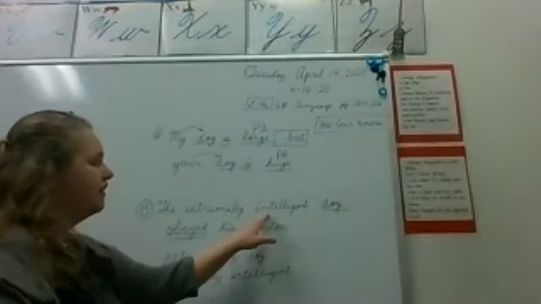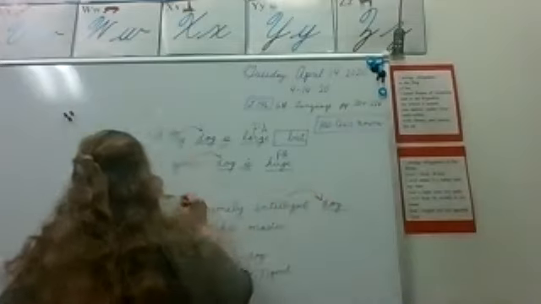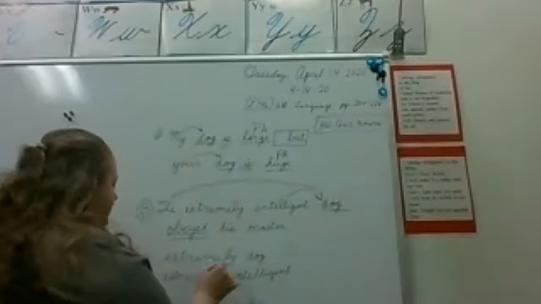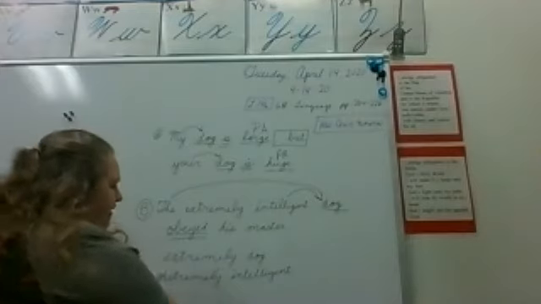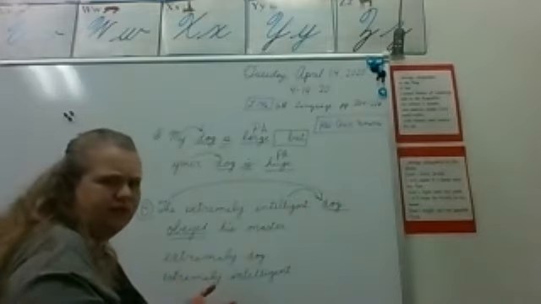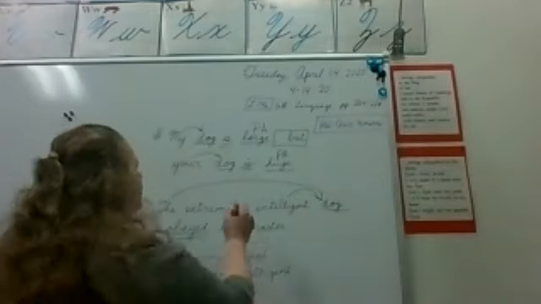And then to say intelligent dog. We know that intelligent also describes dog. But extremely doesn't really fit to describe dog. Extremely dog? Extremely what kind of dog? There's something missing, right? And so this one would be an adverb.